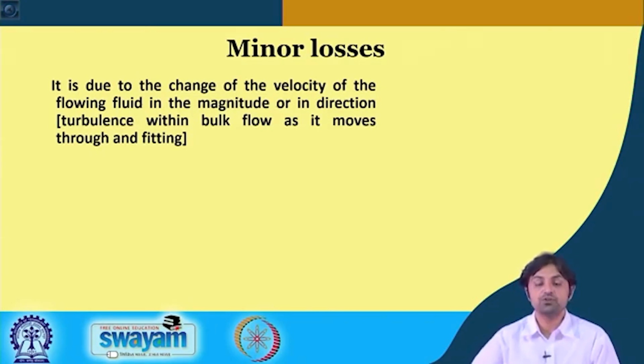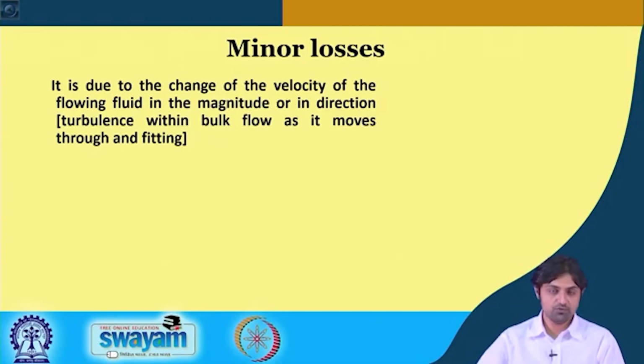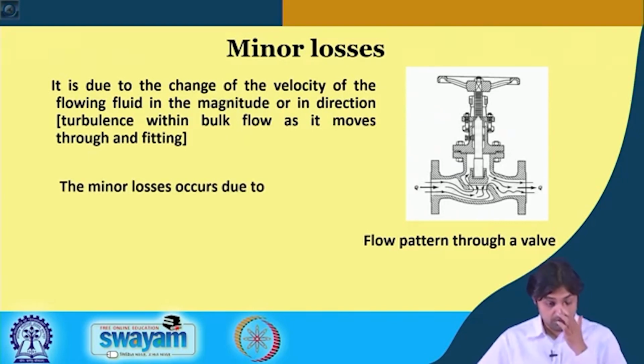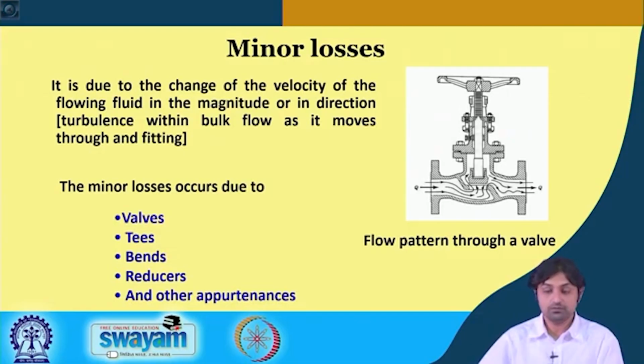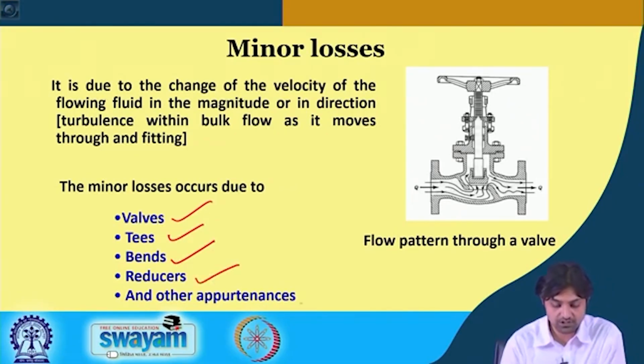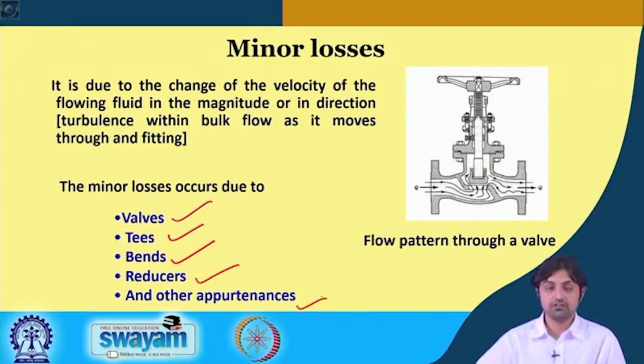If the magnitude or the direction, or both, change, the losses associated with them are called minor losses in pipes. So this is a typical flow pattern through a valve that is shown here. It will comprise both major and minor losses. The minor losses occur if there are valves present, if there are tees, if there are bends in the pipes, if there are reducers, and other appurtenances.